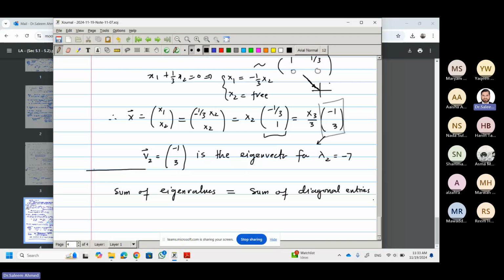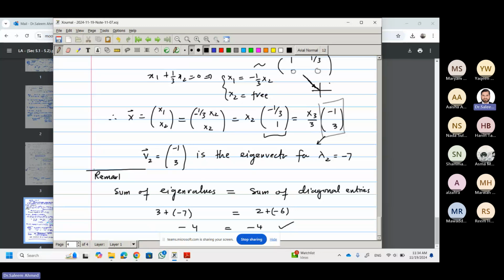Maybe you get wrong eigenvalues and the sum is still equal to the sum of diagonal entries. You see, the diagonal entries here were 2 plus -6, right? And your eigenvalues are 3 plus -7. So both are -4. This is -4. This is also -4.